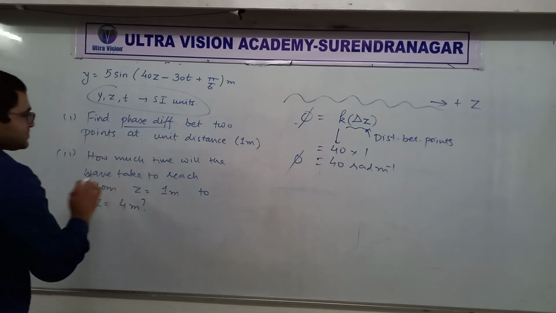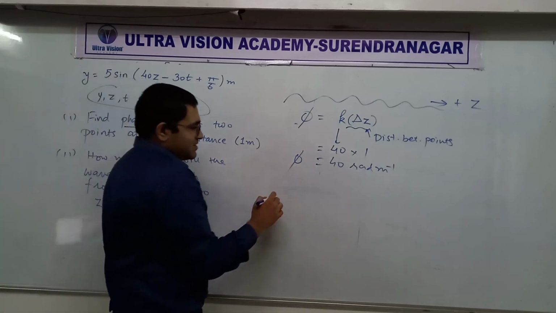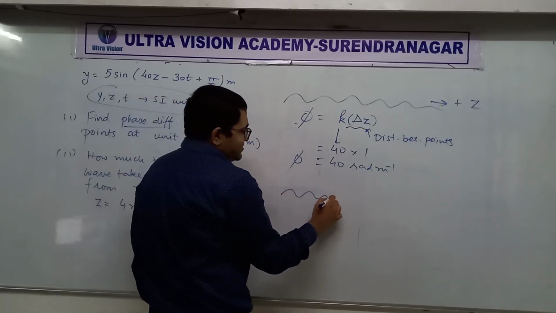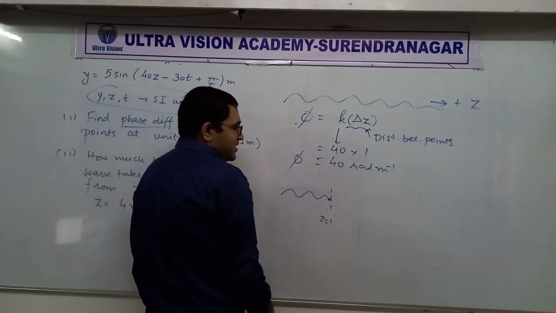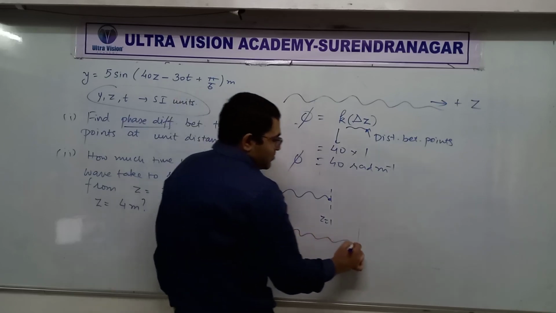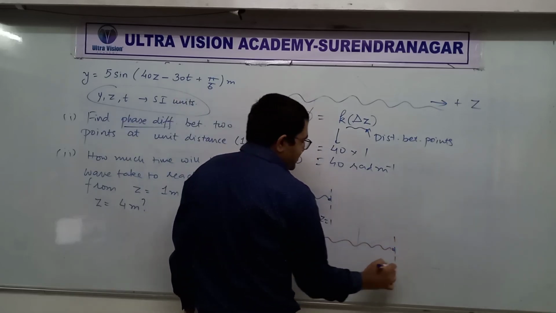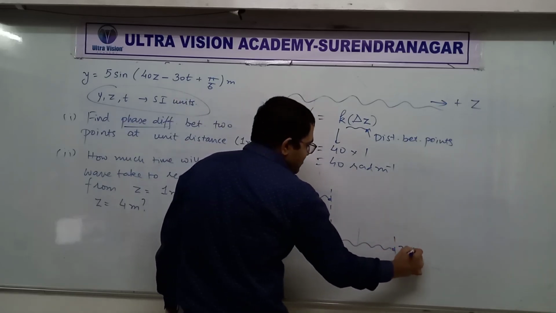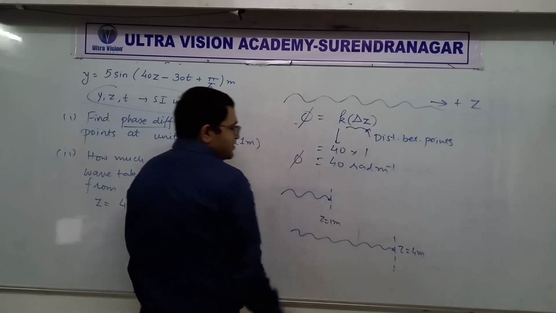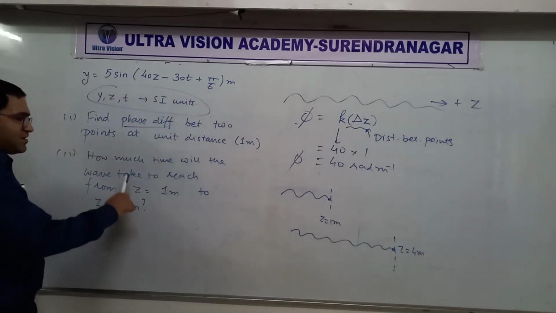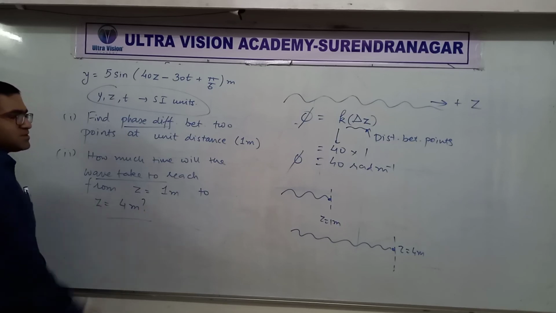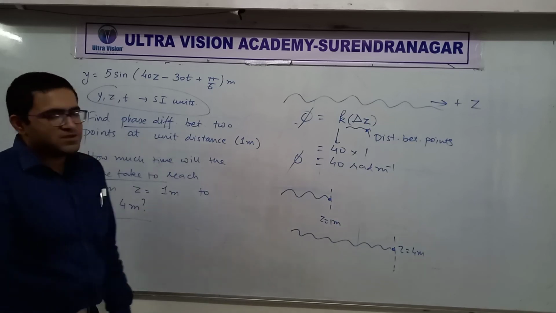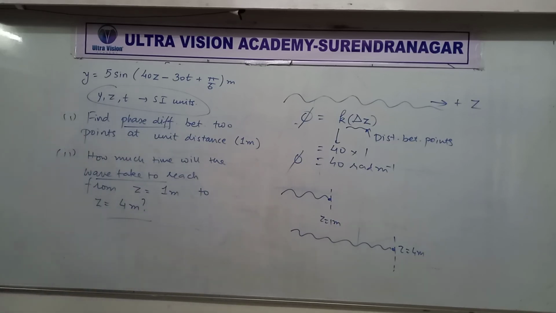Okay, second one. So now it's saying that when the wave is traveling, let's say the wave has just reached z equal to 1, then how much more time will it take for reaching z equal to 4? Which quantity do you think we need to find?